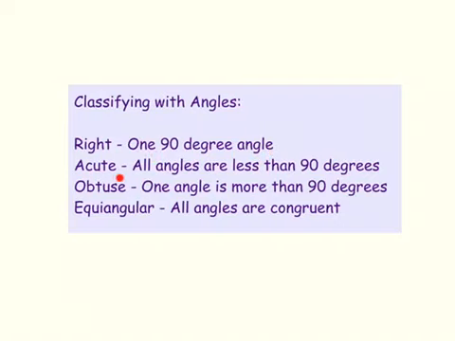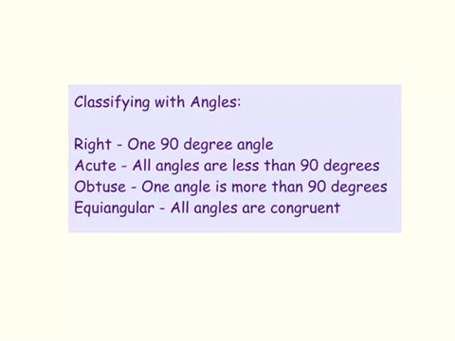An acute triangle is a triangle in which all of the angles have measurements that are less than 90 degrees. All three of them. An obtuse triangle is a triangle where one angle is larger than 90 degrees. It's an obtuse angle.